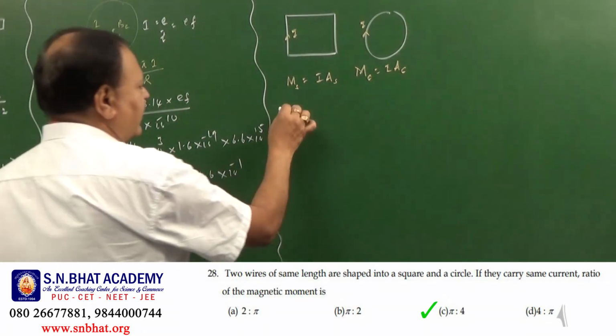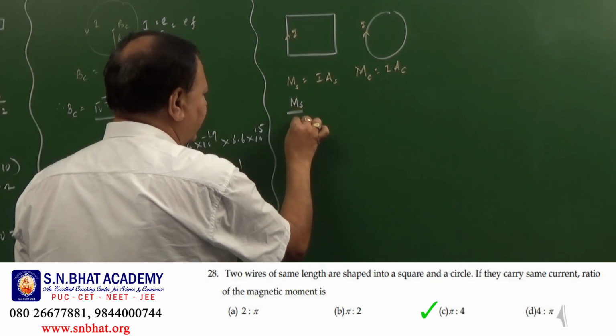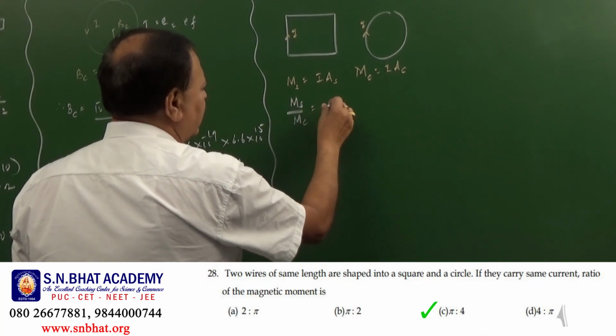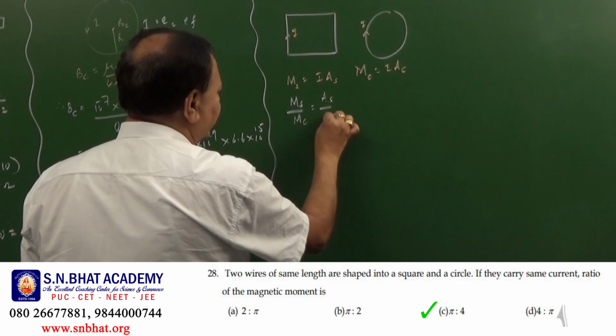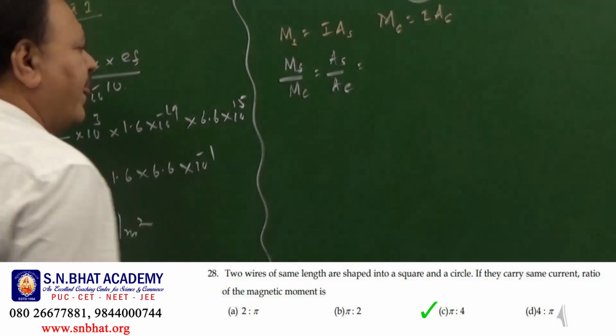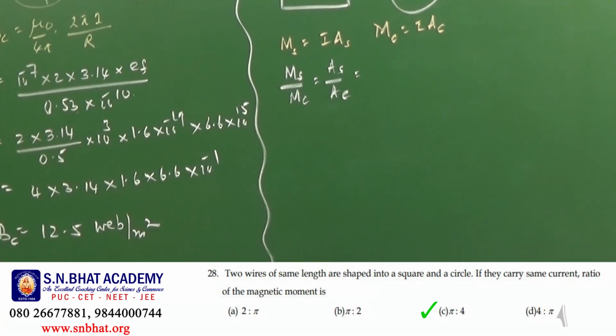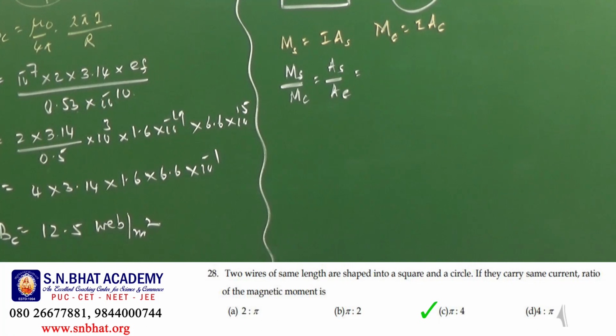His problem is, what is the ratio? So therefore your AS divided by AC. Area is equal to length into length.